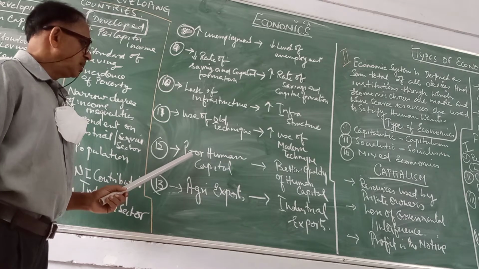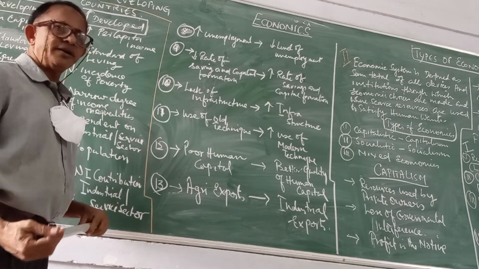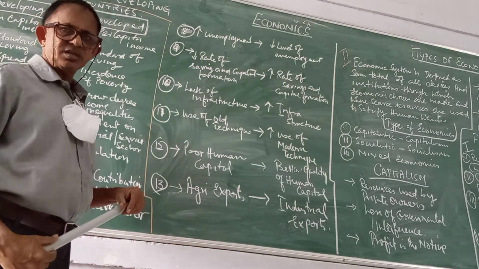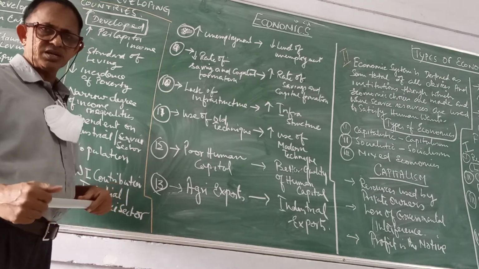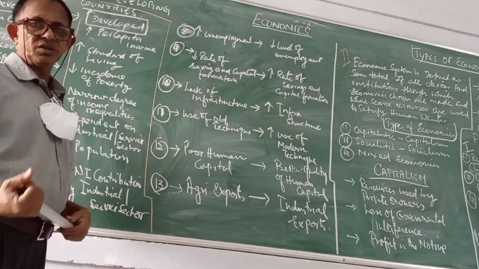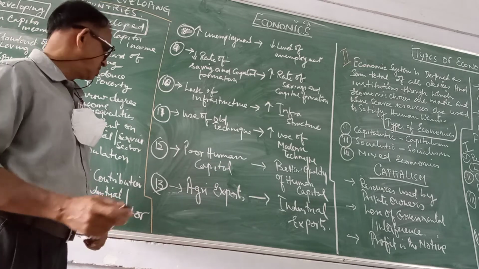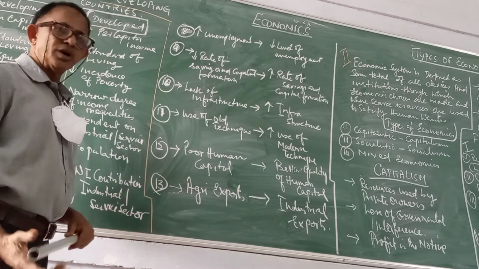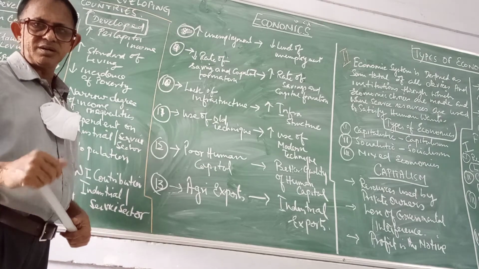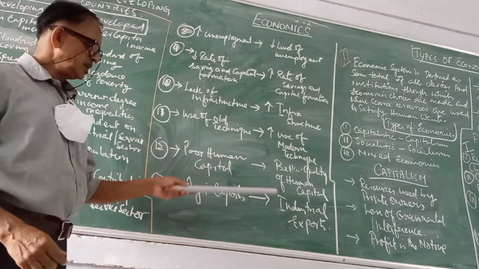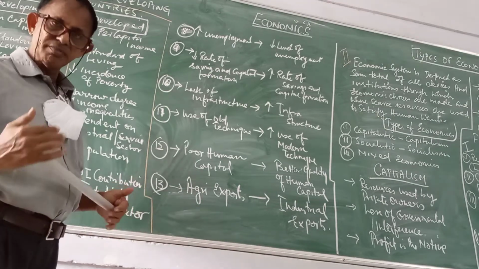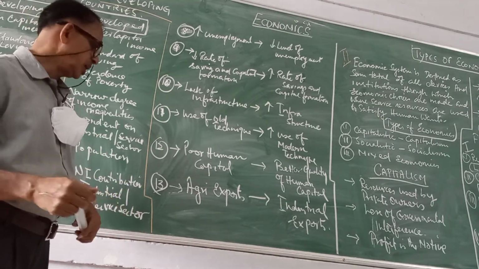Coming to the 11th point, developing countries always use old techniques in production, whereas developed countries use the latest and modern updated techniques. Number 12, poor human capital is another characteristic feature of developing countries, whereas in developed countries the quality of human capital is on the higher side.